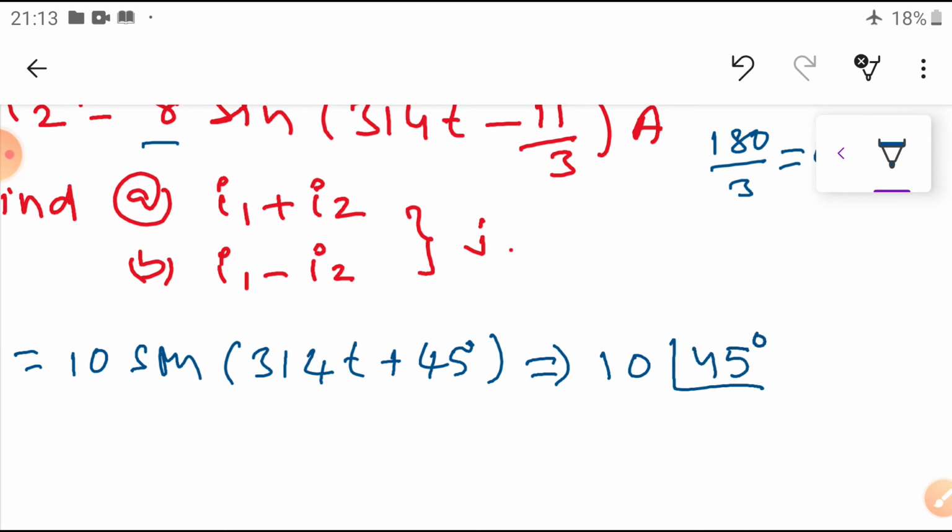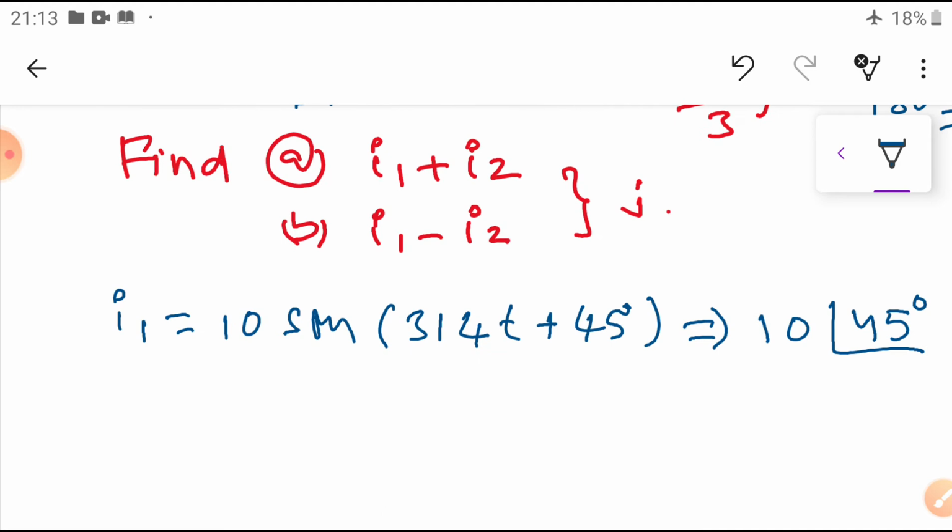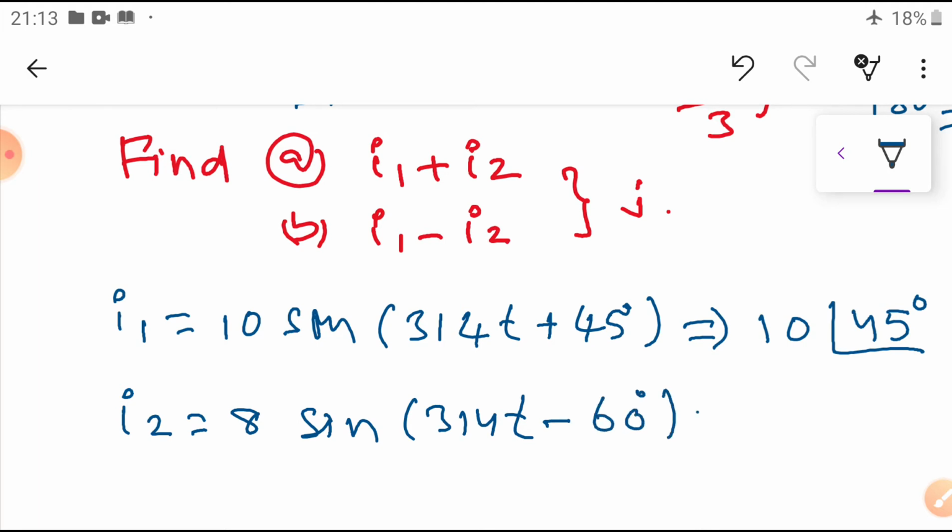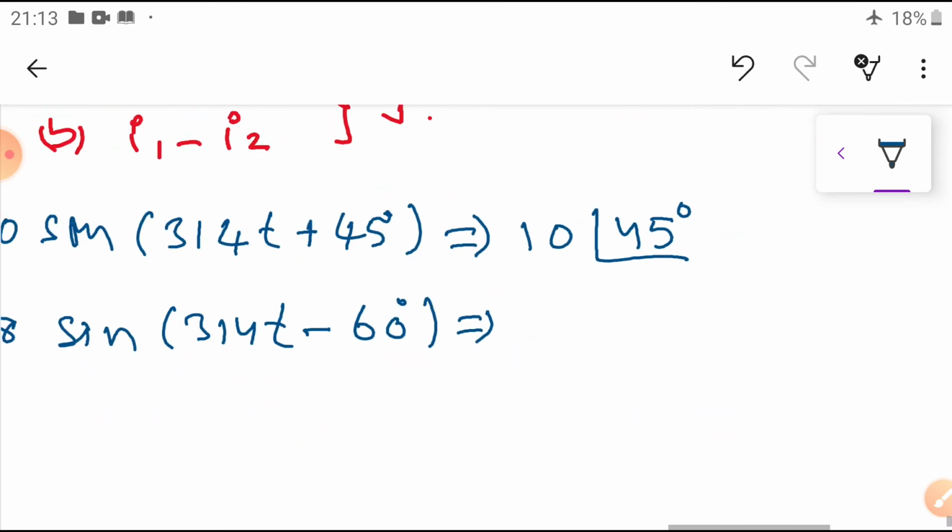Now I2 similarly, 8 sine 314t minus 60 degrees: the magnitude is 8 at an angle of minus 60.